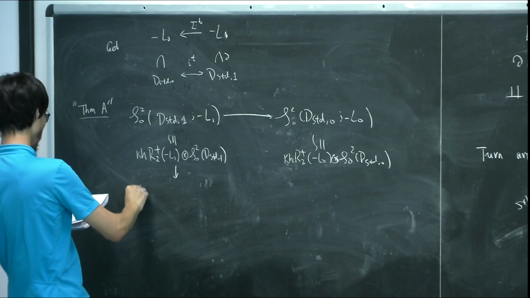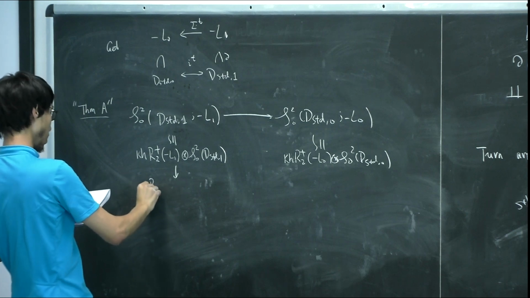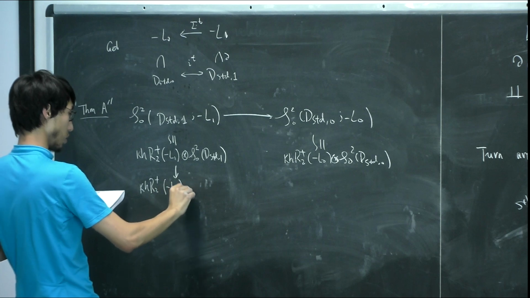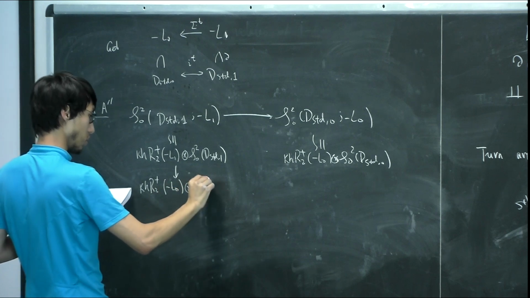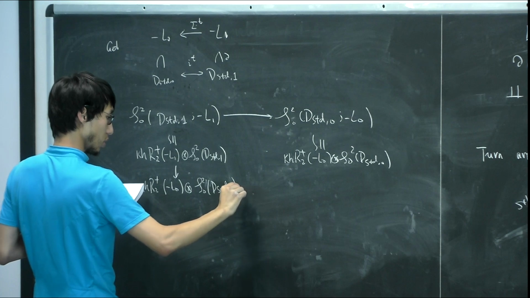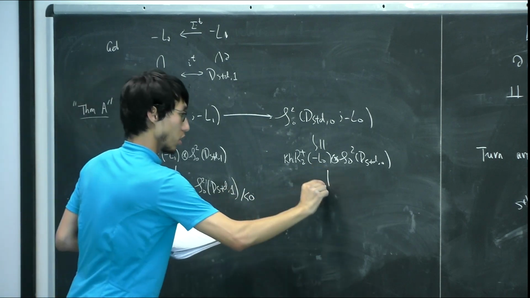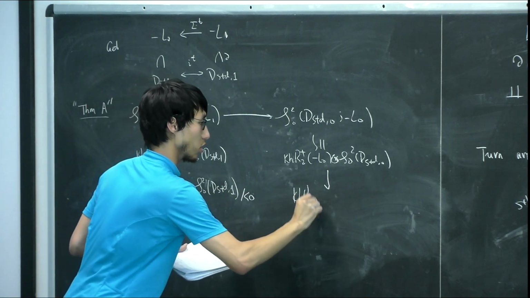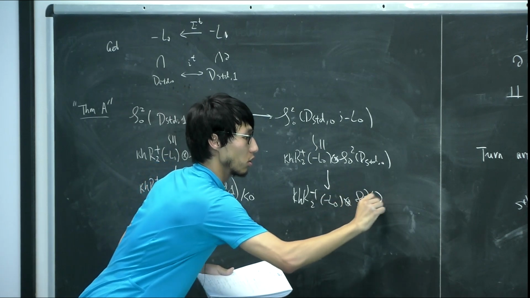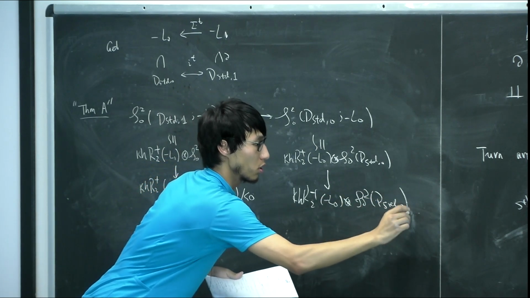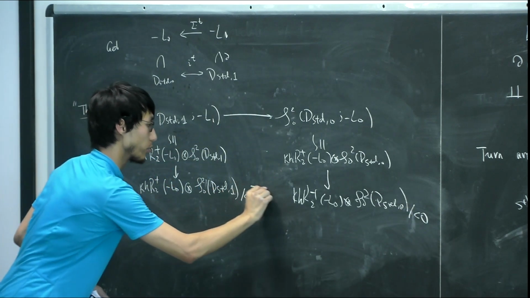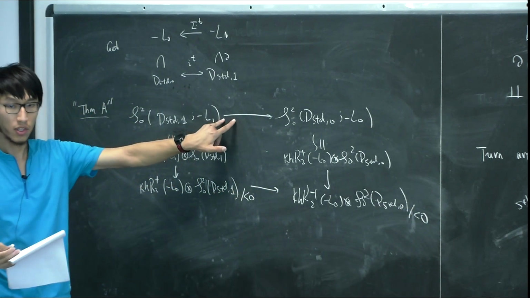But we actually want to project it to this Q equals 0 quotient for some technical reason. Okay, and now this map is the Lasagna Green map.